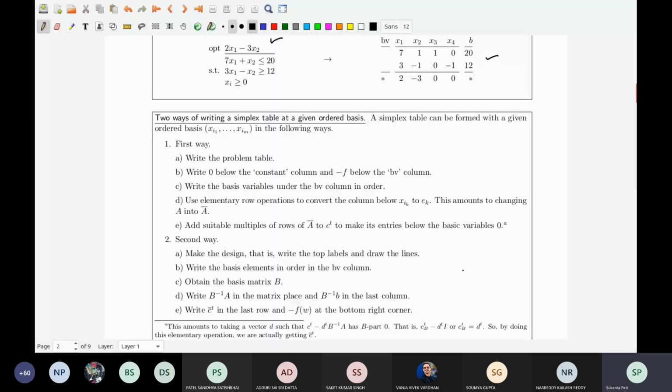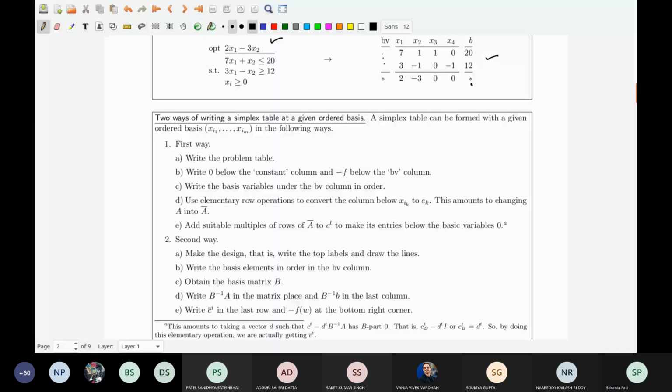You should write a 0 over here. And then write the basic variables in order under the BV column. Here only you write BV.